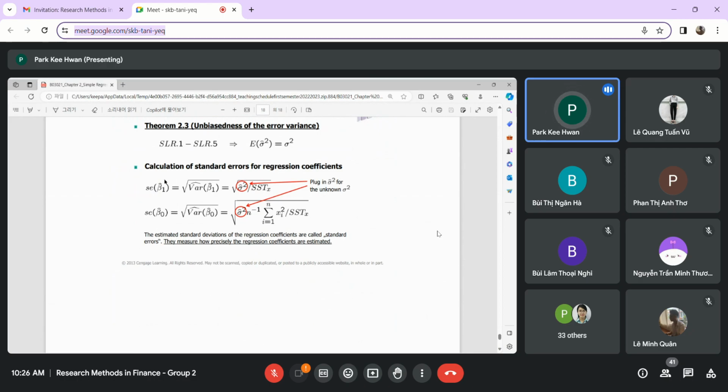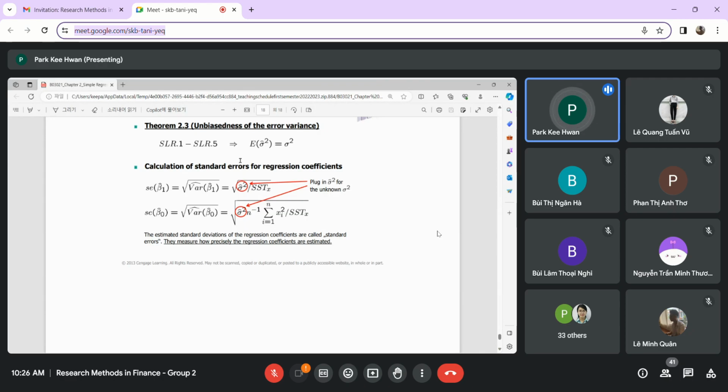Now then we can calculate the standard error of the regression coefficient. When you do your empirical project, you regress your model and you come up with some standard error of your estimated coefficient.